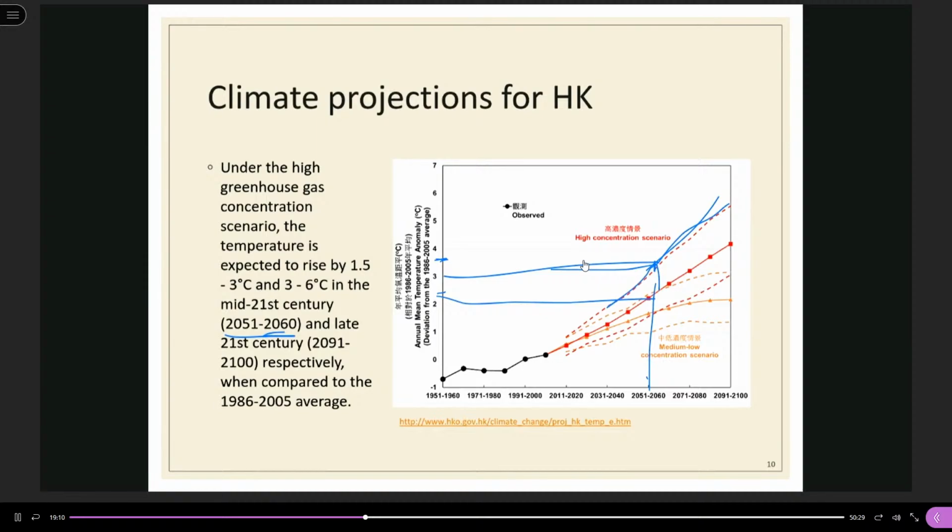So these are some predictions. We are now here. Okay, so we still have a chance to reverse these predictions.